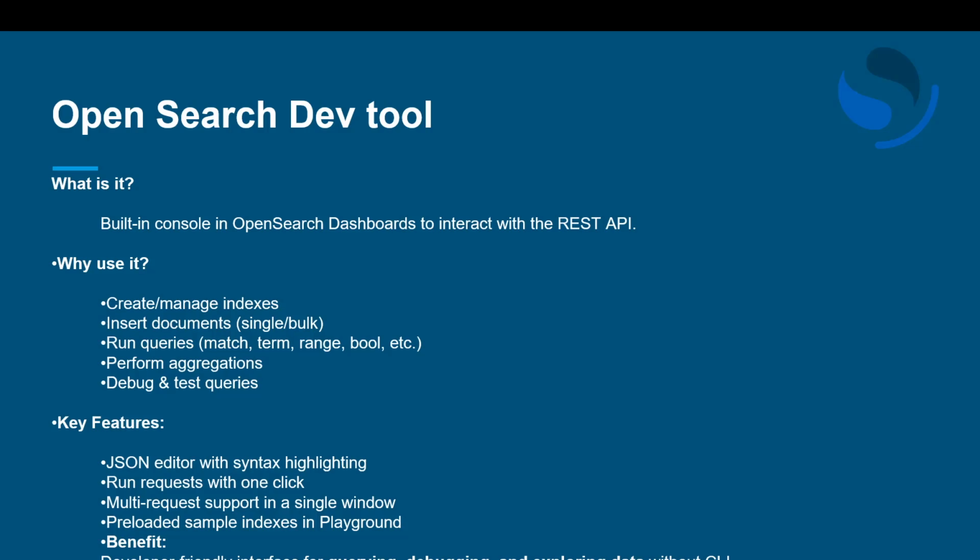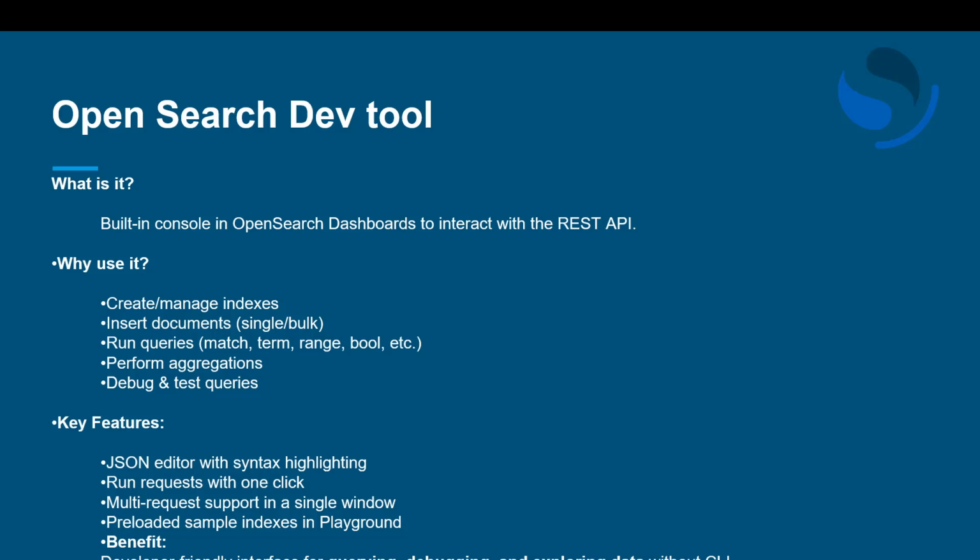This is something we are going to do from the OpenSearch Dev Tools as well. As I mentioned earlier, we are going to use the OpenSearch Playground, which has the built-in console in OpenSearch Dashboards, for showing you how to do it.